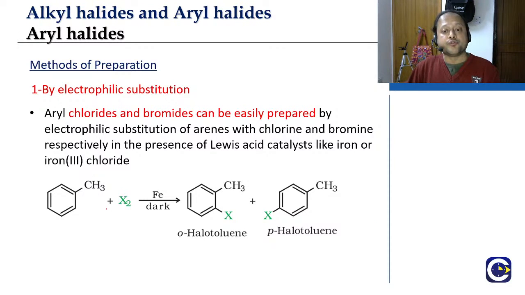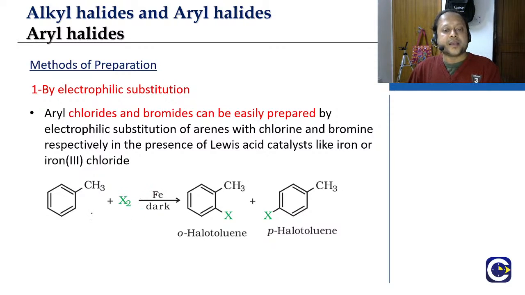We do use iron or iron halide, that is, for chlorine ferric chloride or for bromine ferric bromide, or we can also use anhydrous aluminium chloride and aluminium bromide. So Lewis acids are generally used for this particular reaction as catalyst, right?